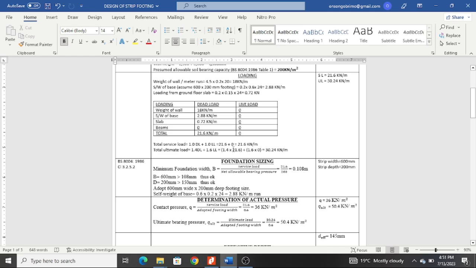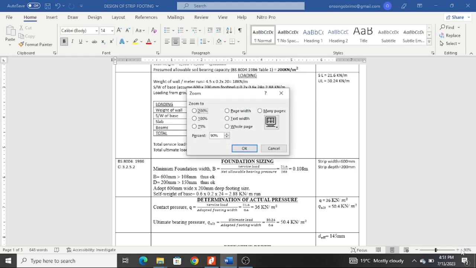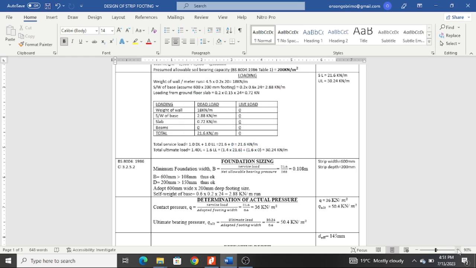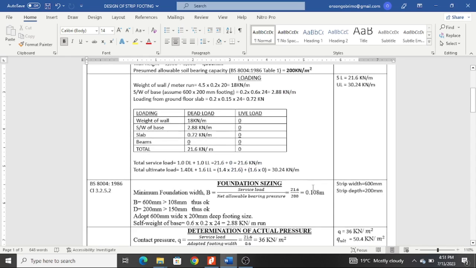Then you multiply this by a factor of 1.4, so that you get ultimate load as 30.24 kilonewtons per meter. Let me increase this so that at least it becomes visible. Yeah, so I have been able to determine my service load and my ultimate load.